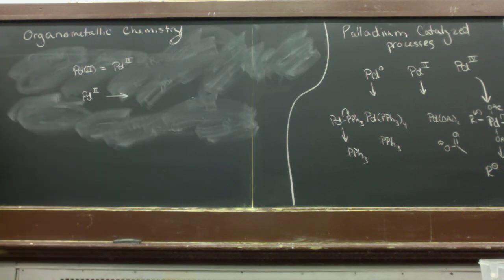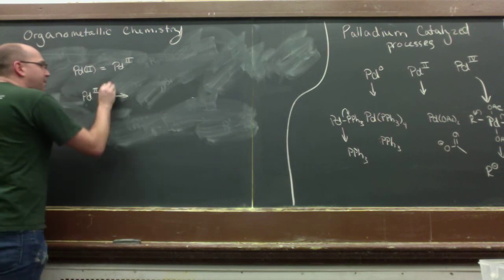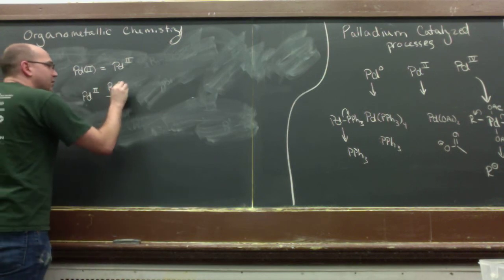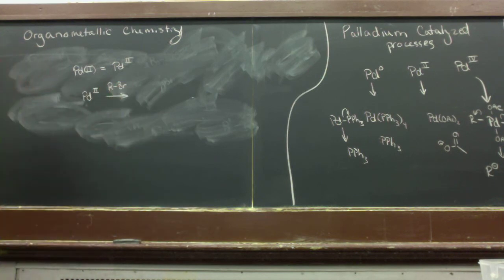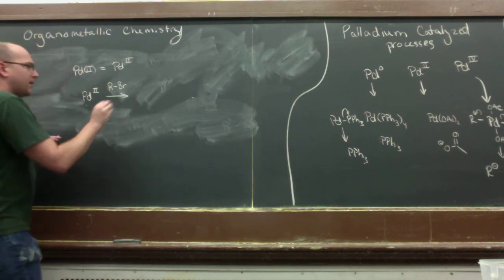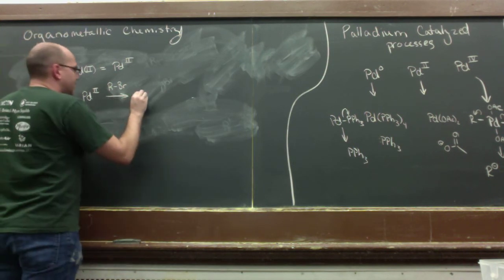But what happens in palladium chemistry, and I'll show it with palladium-2 and then with palladium-1, is that if you have a palladium source that is palladium-2, regardless of what it is, you can begin to insert into electrophiles, into the electrophilic bond. As I've shown there, an alkyl bromide.